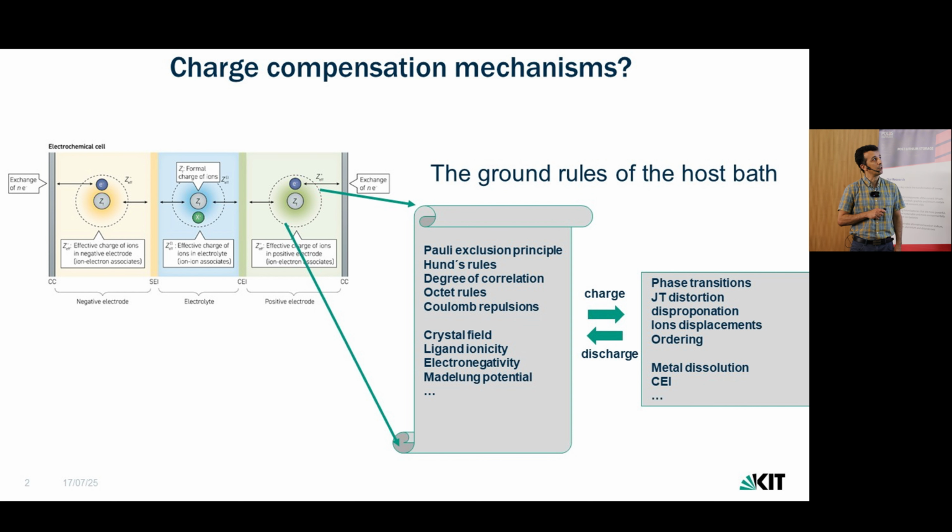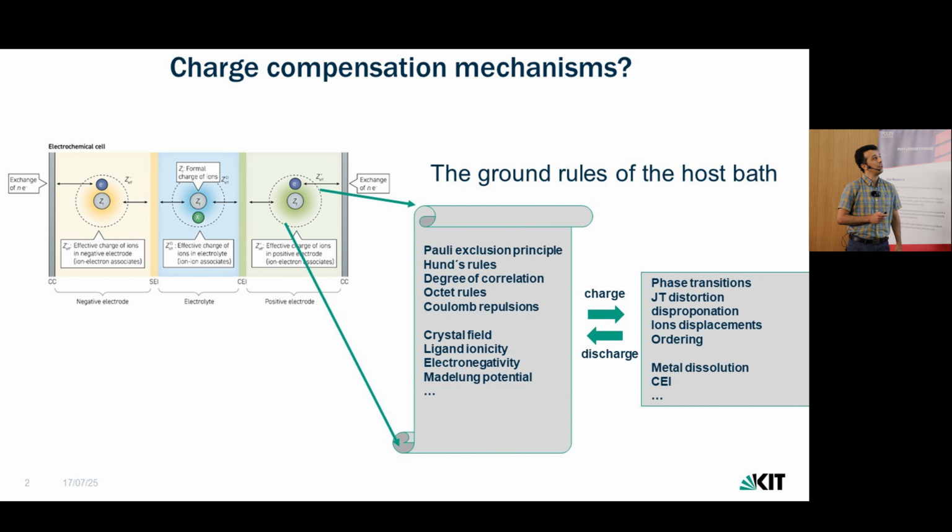But we should not forget that this process is dynamic. Charge and discharge will impact other processes like phase transition, Jahn-Teller distortion in some systems, disproportionation in some chemical structures, loss of ion displacement, ordering, metal dissolution, SEI, and so on.